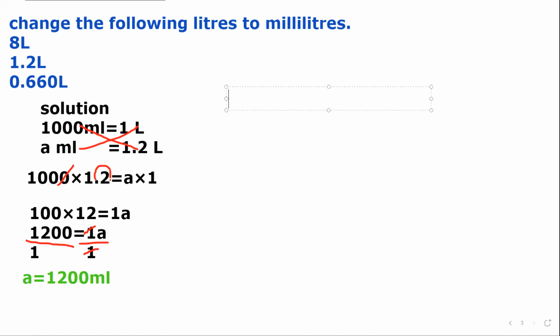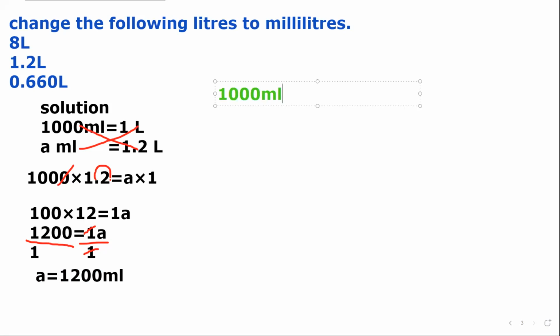Now the other one here, you state the difference between the liters and the mils. For every 1000 mils is equal to 1 liter.